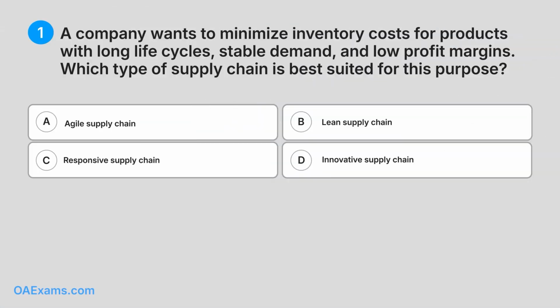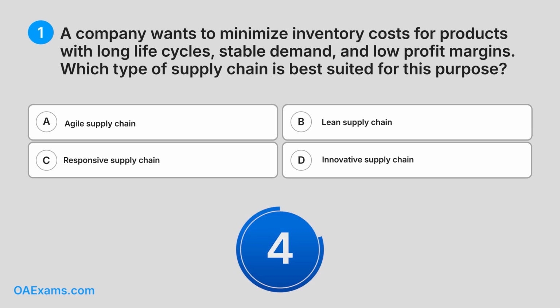1. A company wants to minimize inventory costs for products with long life cycles, stable demand, and low profit margins. Which type of supply chain is best suited for this purpose? A. Agile supply chain. B. Lean supply chain. C. Responsive supply chain. D. Innovative supply chain.